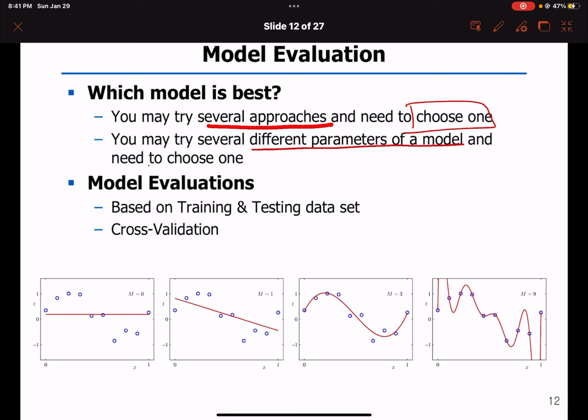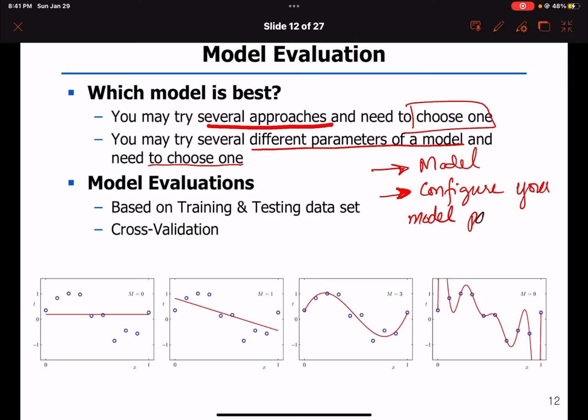So the first step is to select your model, which gives you a reasonable performance, and then you have to adjust or configure your model parameters. So the first step is choosing the model among different models and then setting their parameters.